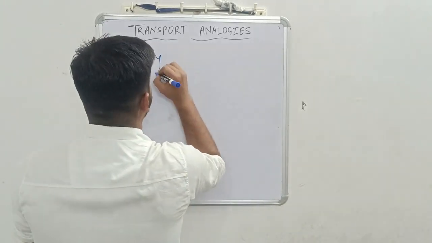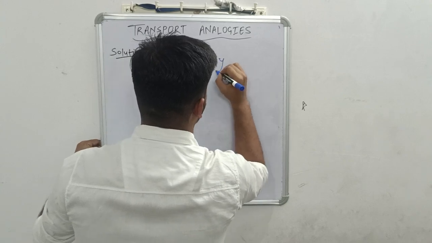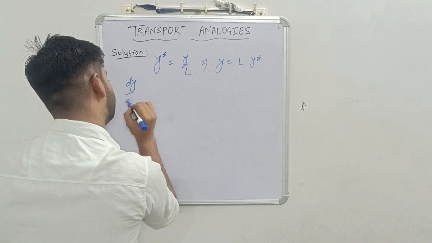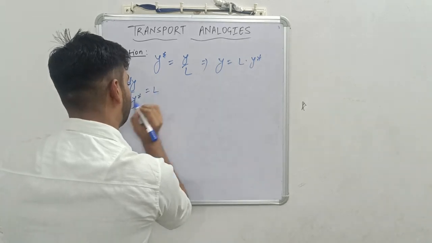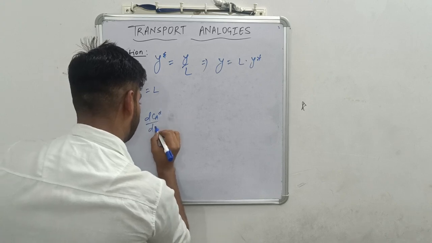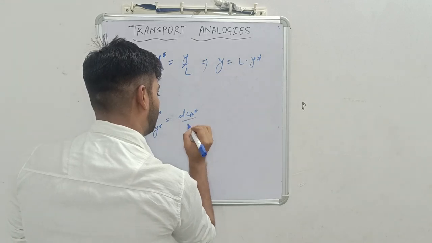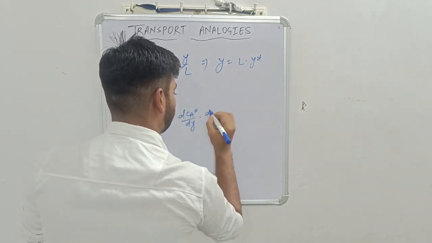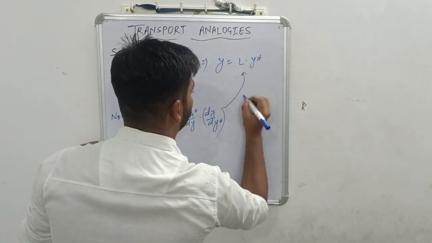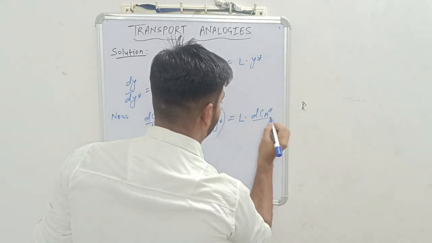Now moving further, y star is equal to y by L from the question, which implies that y is equal to L into y star. From here we have dy by dy star equal to L. Now dC star by dy star can be written as dC star upon dy into dy by dy star, and this term is equal to L, so we can write L into dC star upon dy.